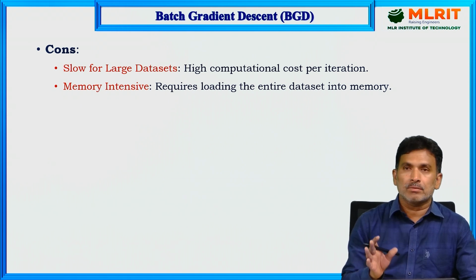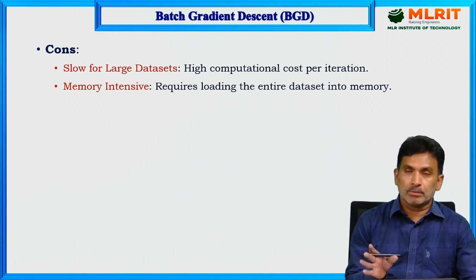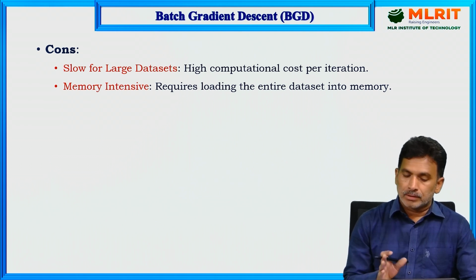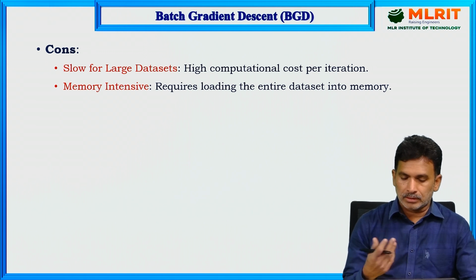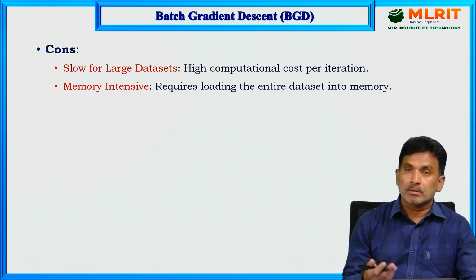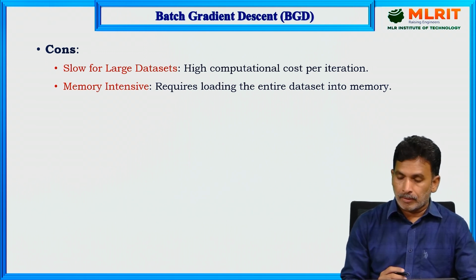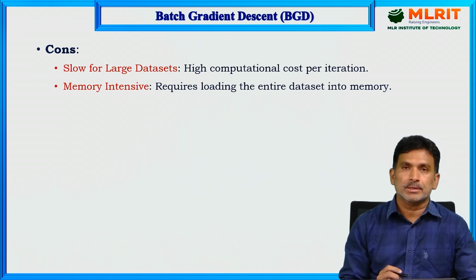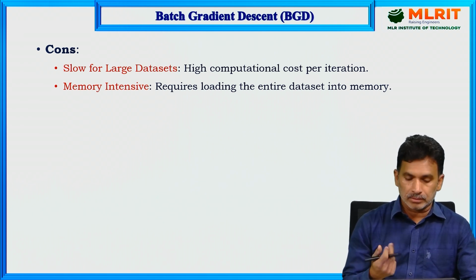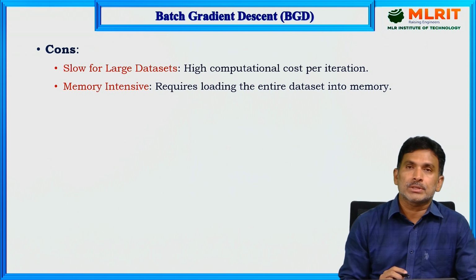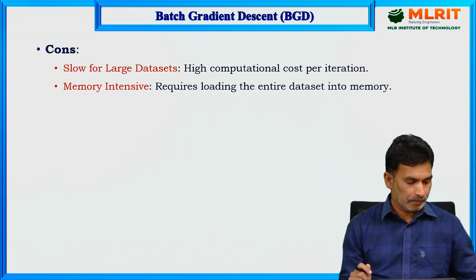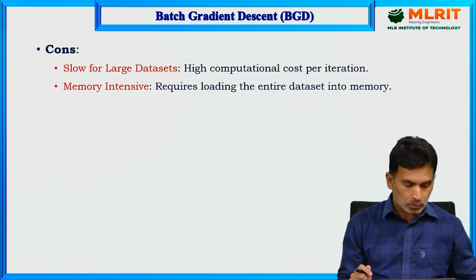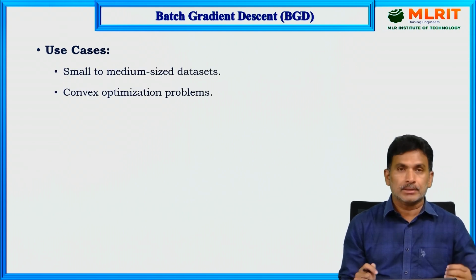In the real world there can be millions of samples, so the computation slows down, and the computational cost per iteration is high. Next, it is memory intensive, meaning it requires loading the entire data into memory. So these are the pros and cons of batch gradient descent.